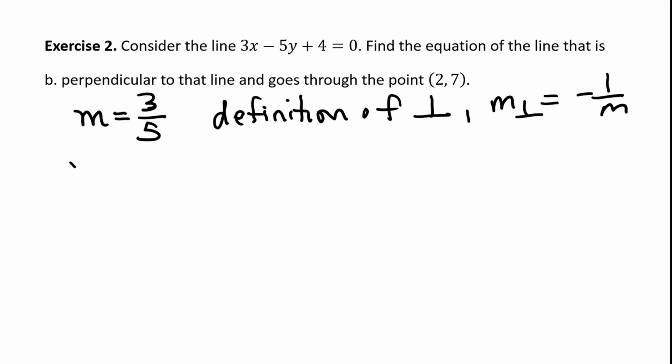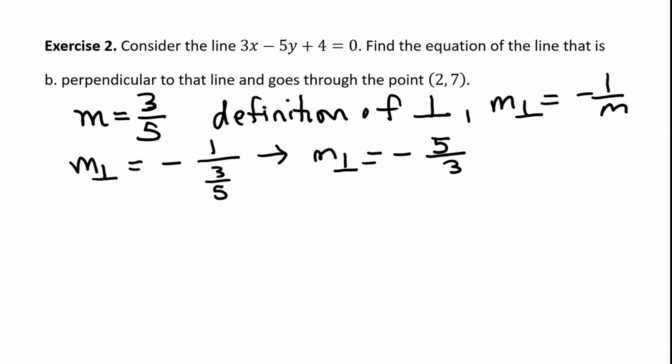So in solving for the slope that is perpendicular to 3/5, we want the negative of that, and the reciprocal, 1 over 3/5, which takes us to m perpendicular is equal to negative 5/3.